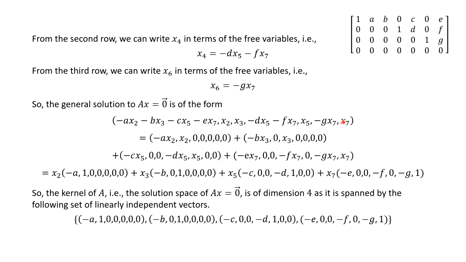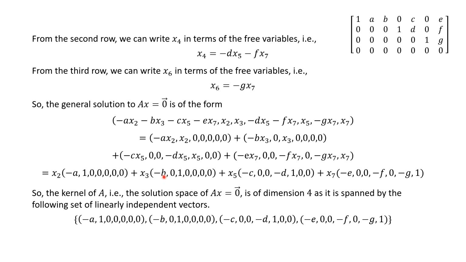Then the rest have no x2, and then we do the same thing for x3, which is in the first component, not in the second, but in the third, and then not in the other ones. And we do the same thing here and here. And then we factor out an x2 from the first one, an x3 from the second, an x5 from the third, and an x7 from the fourth vector here.